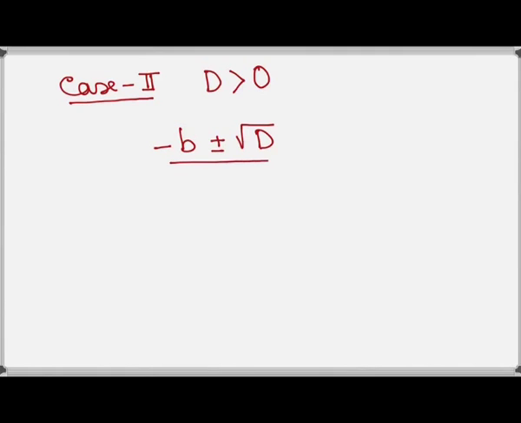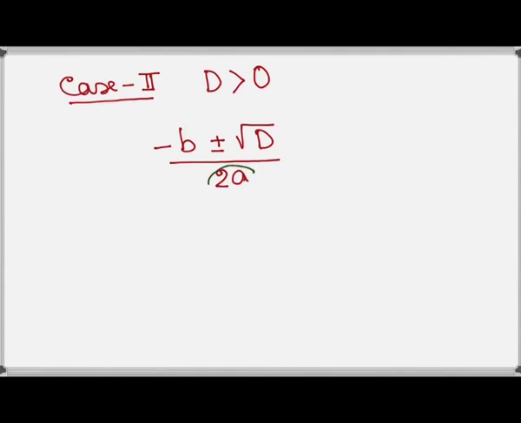Now we consider D to be strictly bigger than 0. We know the solutions are minus b plus minus square root of D divided by 2a.